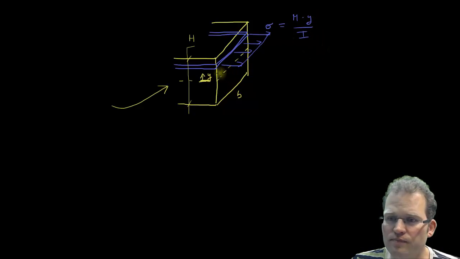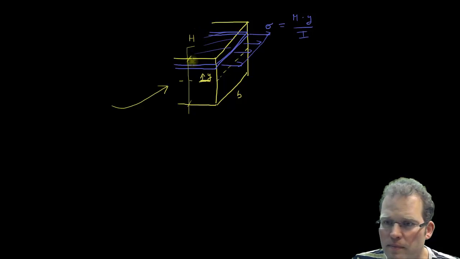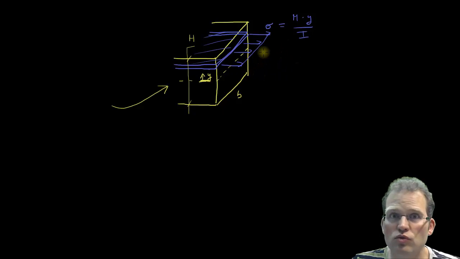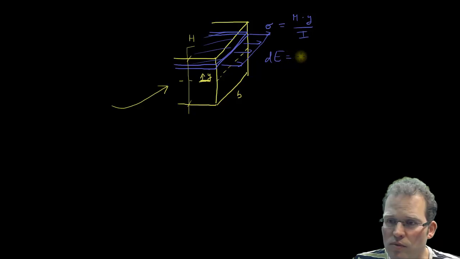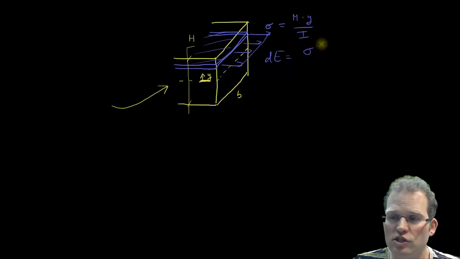Then we can calculate for this little plane here, the blue plane, how much energy is stored in one plane. The advantage of looking at it this way is that the stress is now a constant for this blue plane, so we can use the energy formula, and I call it dE because it's a little part. This is a very thin layer, and we can later sum all the planes up and get all the energy in the bar.